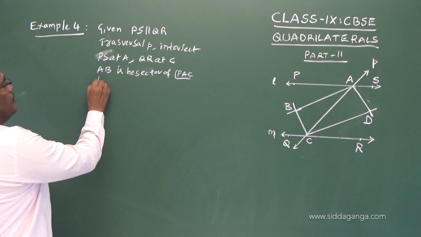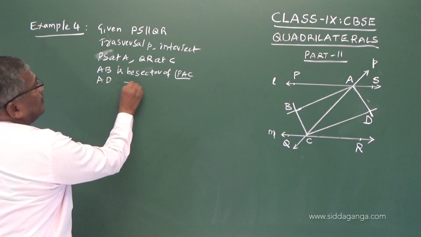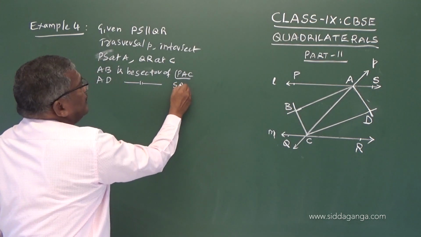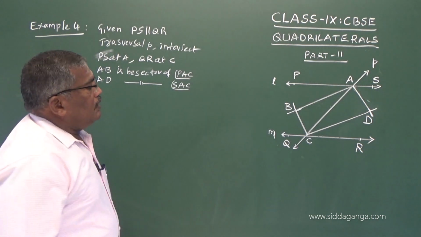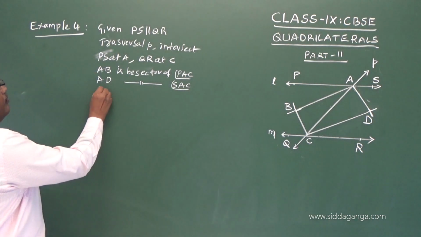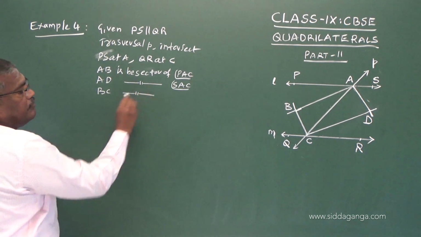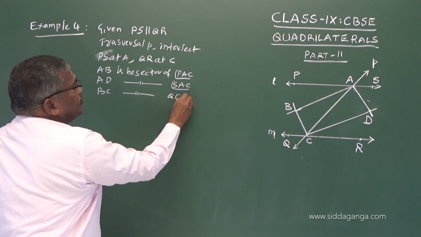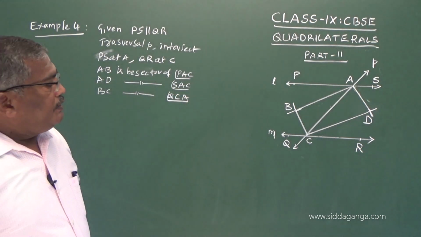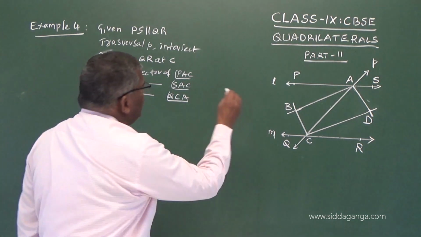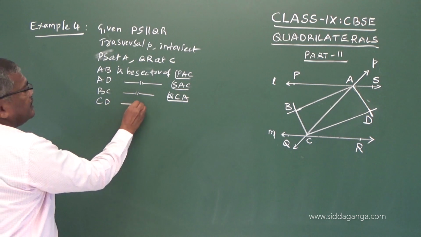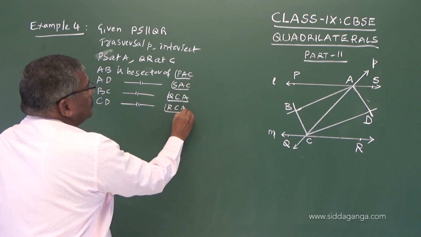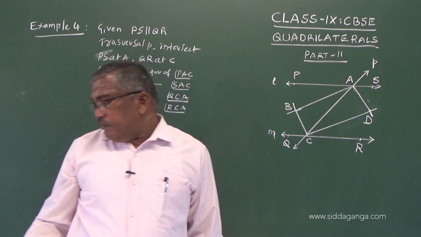AD is the bisector of angle SAC, and BC is the bisector of QCA. And finally, CD is the bisector of RCA. So this entire data is given.